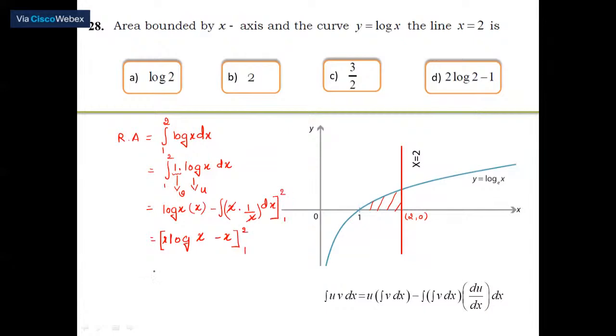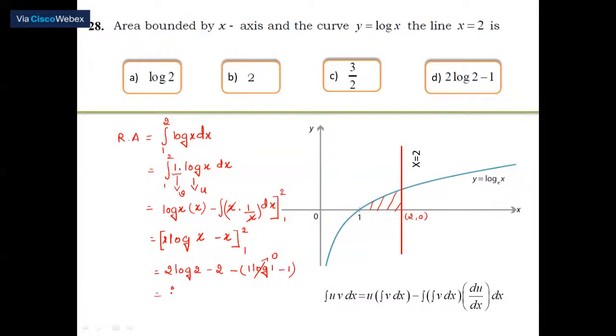Now let us substitute these limits. For upper limit 2, it is 2 log 2 minus 2. And for the lower limit 1, it is 1 into log 1, where log 1 is 0, and minus x becomes minus 1.